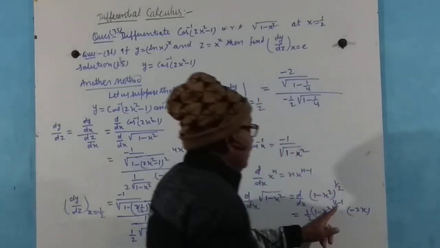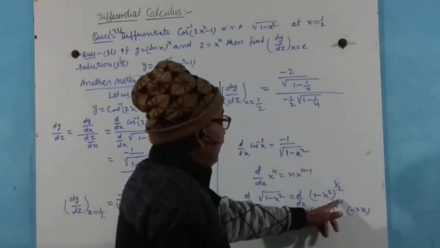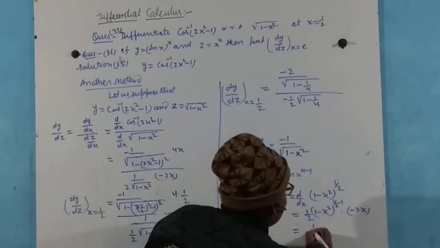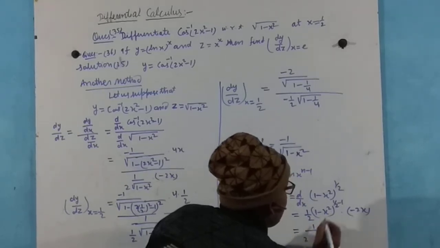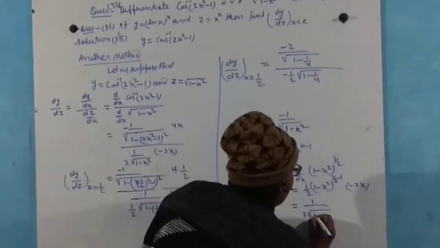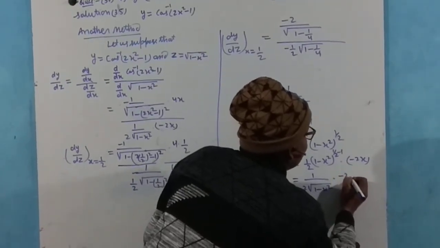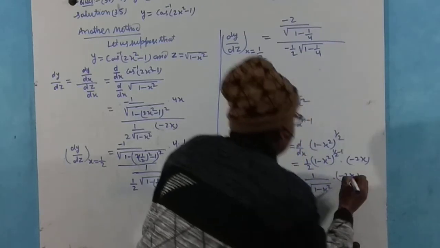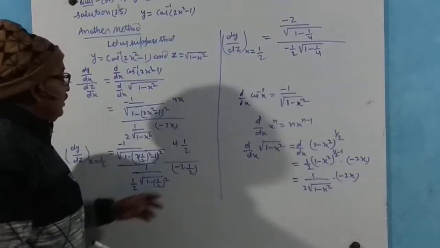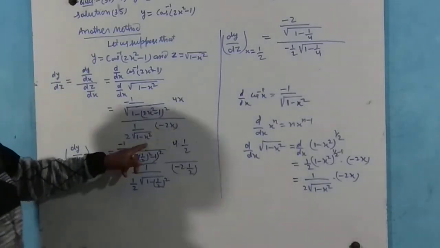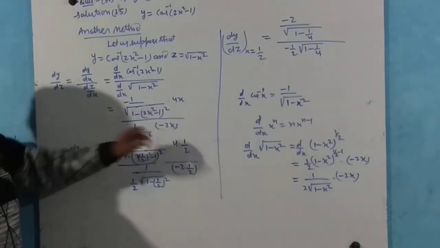So this is minus half and comes in the denominator. This can be written as 1 by 2 under root 1 minus x square into minus 2x, so that this comes here as 1 by 2 under root 1 minus x square, and here minus 2.